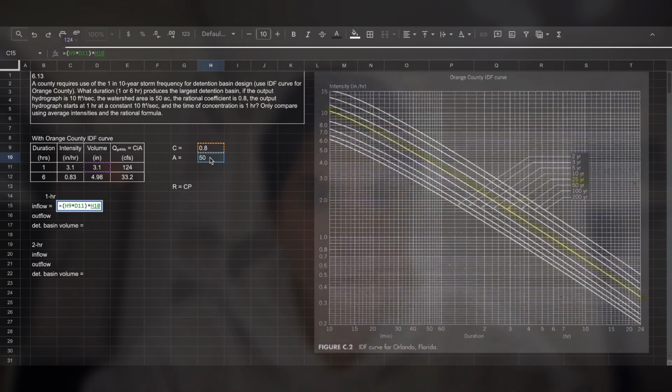Now we need to convert those inches into feet and the acres into square feet. To convert inches into feet, we multiply by 1 over 12, and to convert the acre into square feet, there are 43,560 square feet in 1 acre. So we get 450,120 cubic feet. That's our inflow in cubic feet.